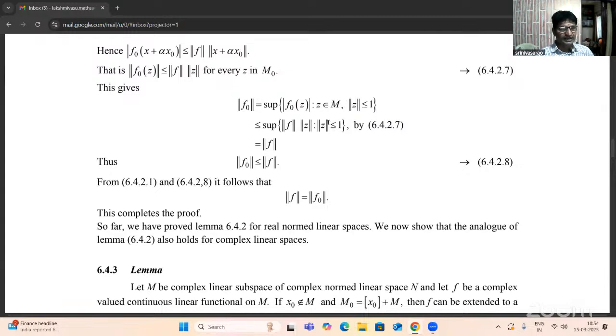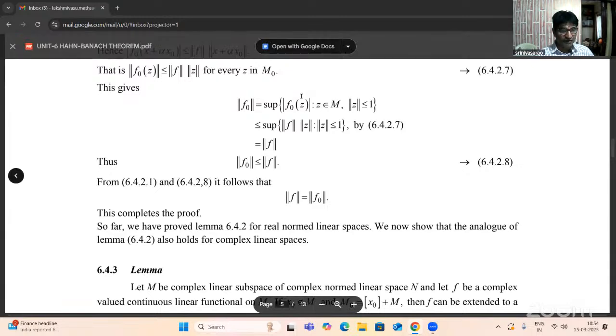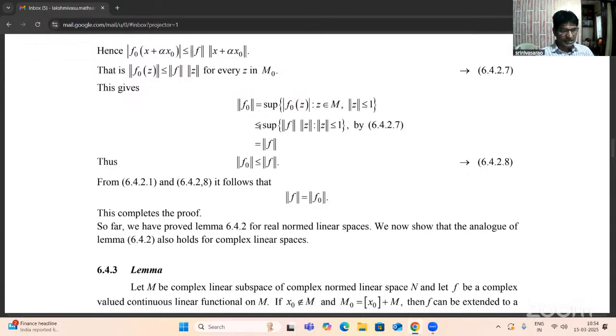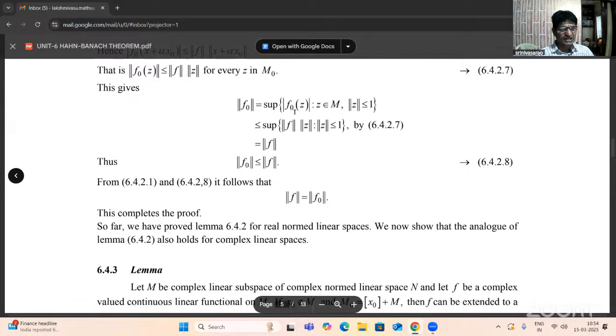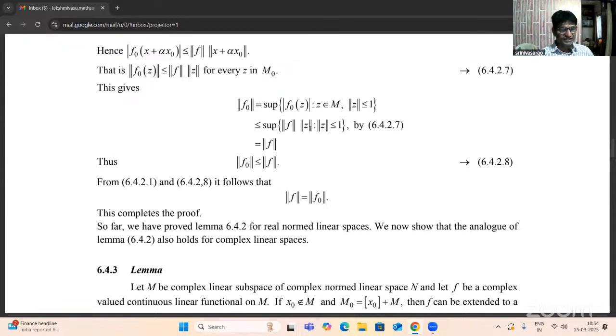So that is the seventh equation. This value is equivalent to norm f, because the supremum of mod f naught of z is replaced by norm f. So this is the absolute expression, not the norm. This is the supremum of mod f into mod z.